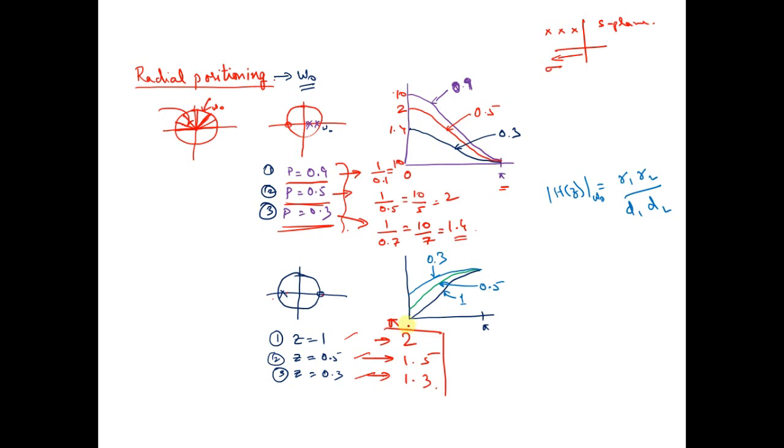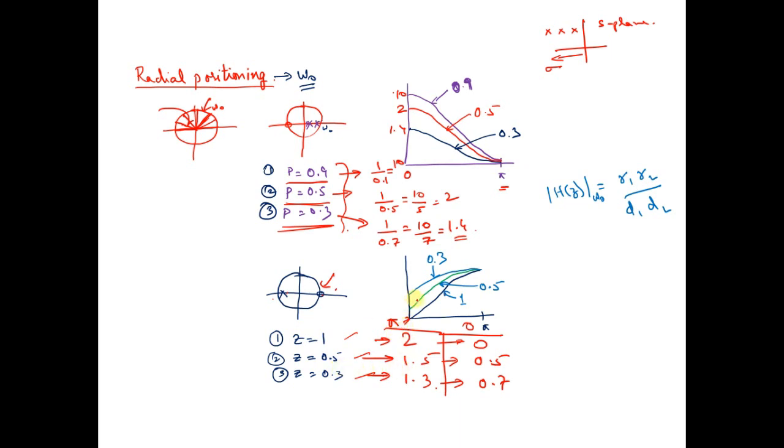Now at 0, what will happen? 0. What about this? 0.5, 0.7. So what happens over here? If you see 1, it has the lowest gain.